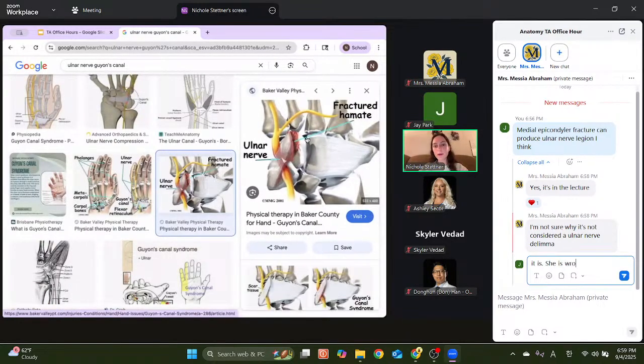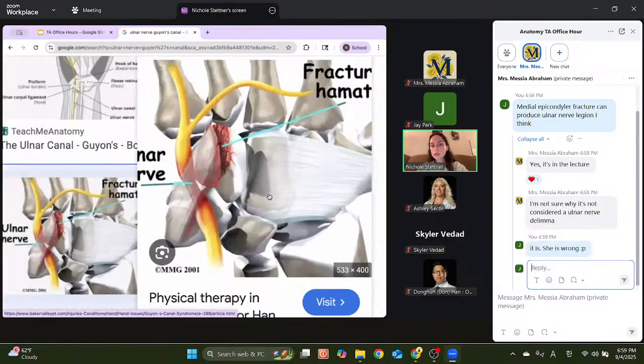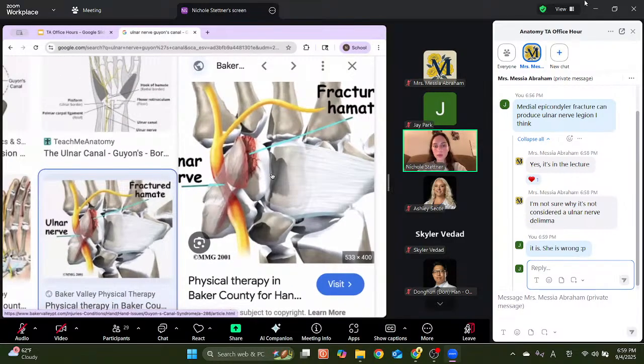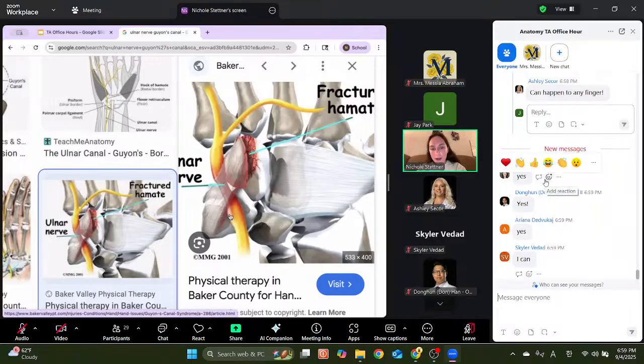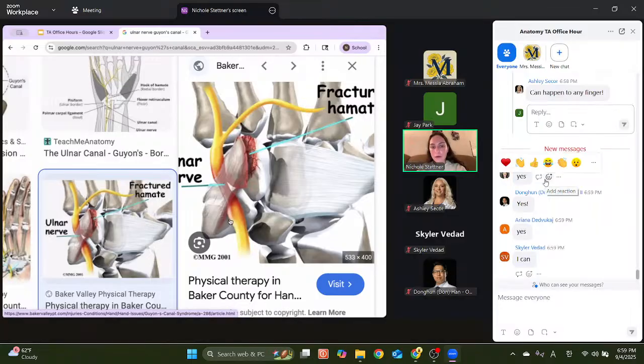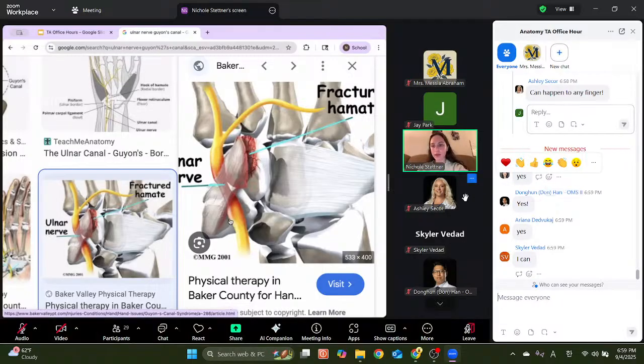We love this. So Guyon's is right through the wrist. Can anyone see my mouse? Oh, you can? Great. So where my mouse is right now, this is all Guyon's canal. We'll talk about the hamate in a second.